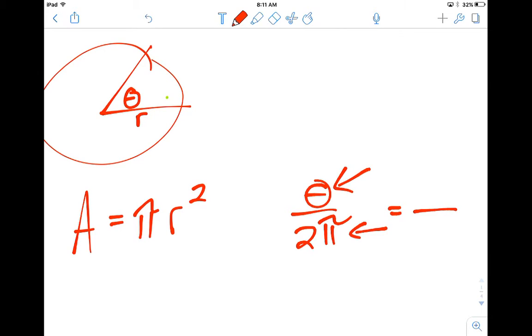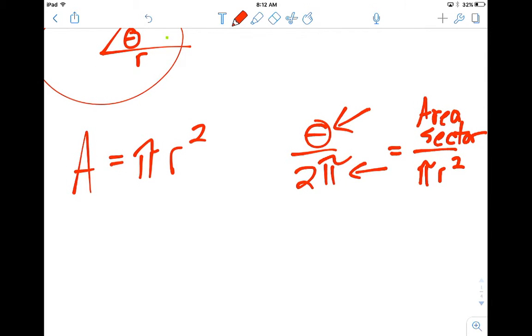So the whole area of the circle is pi r squared, and then the area of the sector is the piece. If we do this as a proportion, theta over 2 pi is the same as area of the sector over pi r squared. That ratio is the same between those two, so you can solve that little proportion by cross multiplication. We're trying to solve for the area of a sector, so we just want to multiply both sides by that denominator.